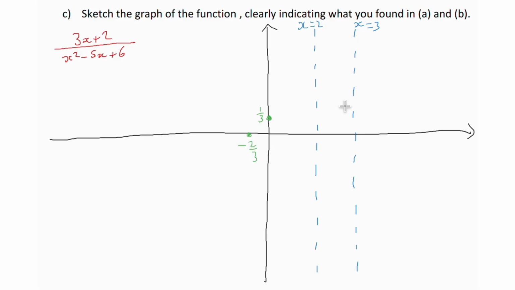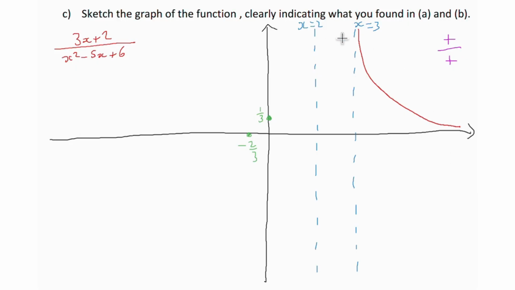Now let's think about what happens in each section between different parts. Let's start over here first, on the far right hand, so bigger than 3. When we're bigger than 3, let's use 10 for example. I get 30 plus 2, that's positive. 100 minus 50 plus 6 is also positive. So this section here is always going to be positive, which means it's got to approach that asymptote, and it's got to approach that asymptote there.